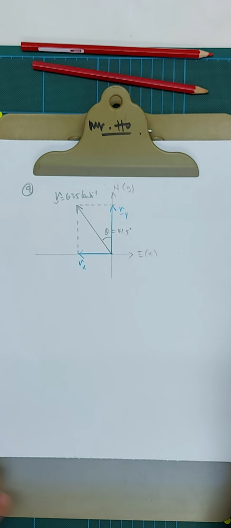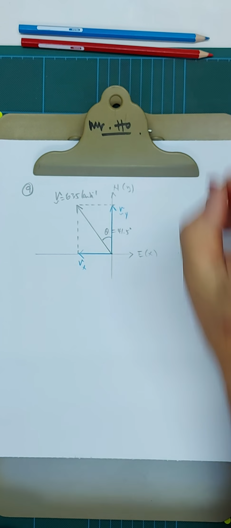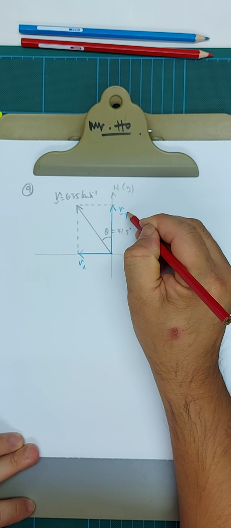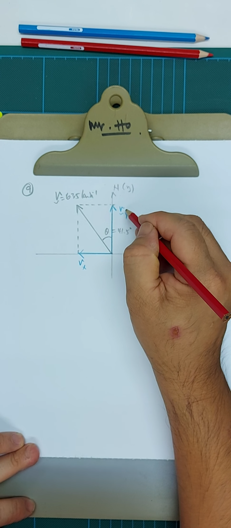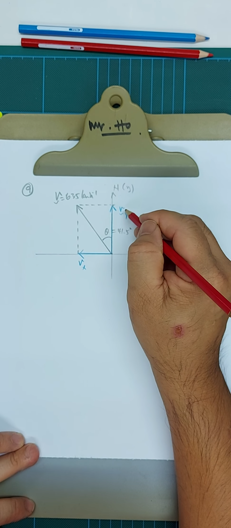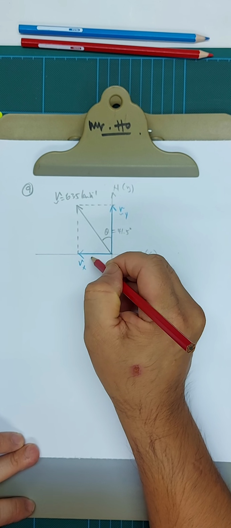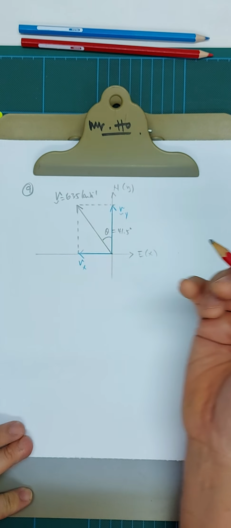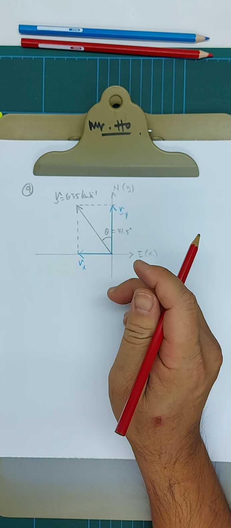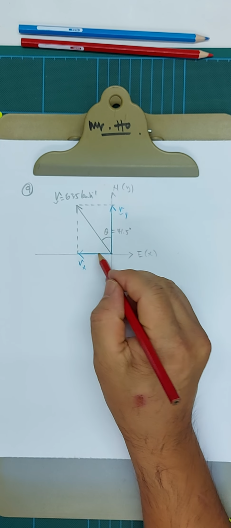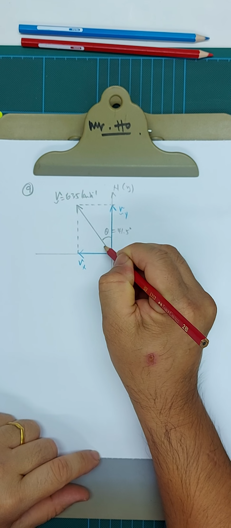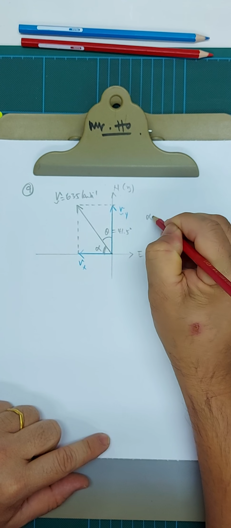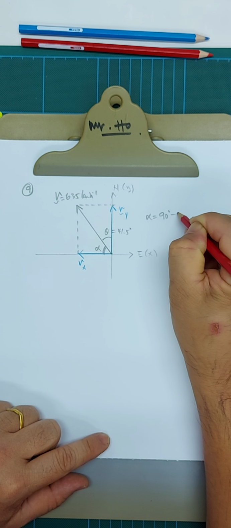With our angle of 41.5, this is our northerly component and this one is the westerly direction. We find the components just like in the normal case, but if you look at the angle carefully, this theta is with the vertical. We want to use alpha, so alpha is equal to 90 minus theta.